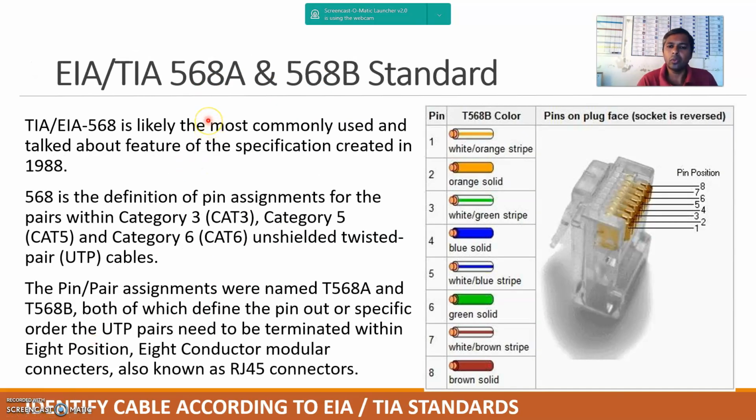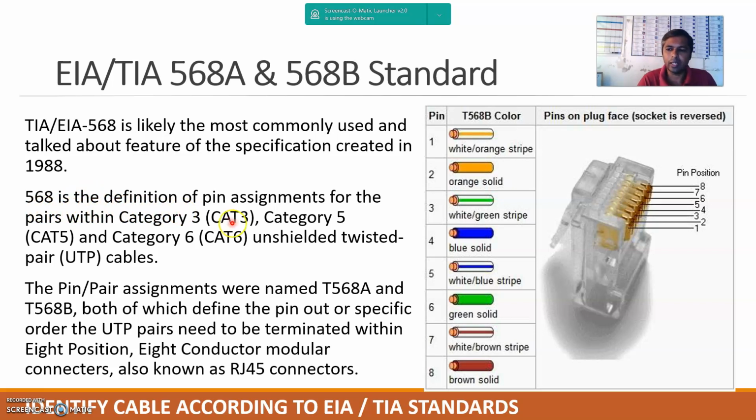This standard includes two types: one is 568A, another is 568B. This was created in 1988. It is commonly used, and talks about the features of the specification created in 1988. 568 is the definition of pin assignment.